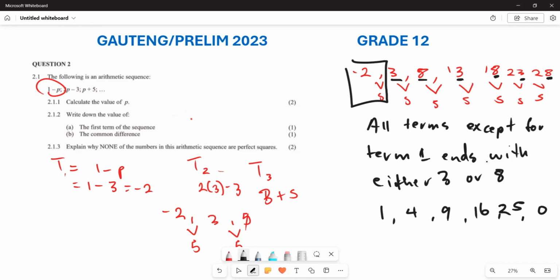Can you see that all these particular numbers are ending with 1, 4, 9, 6, or 5 altogether? Therefore, that's the reason we are saying all these particular terms in this sequence only end with 3, 8, 3, 8, 3, 8. So that's the reason that none of the numbers in this arithmetic sequence are going to be perfect squares altogether. Hopefully this makes sense to you, and thank you very much.